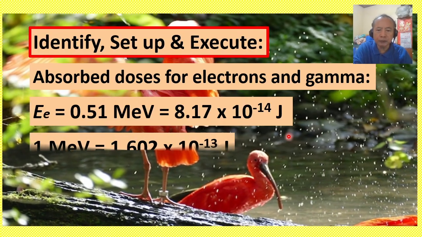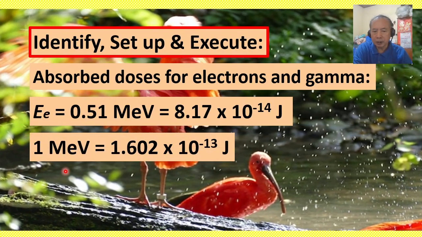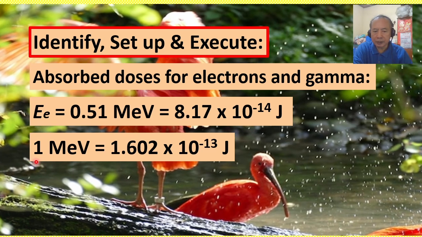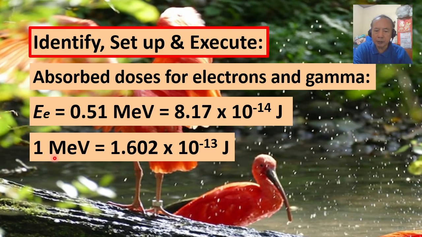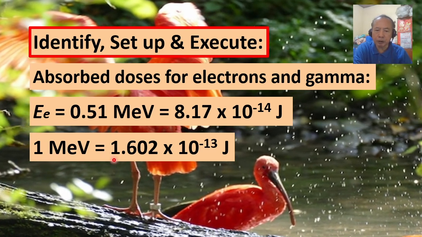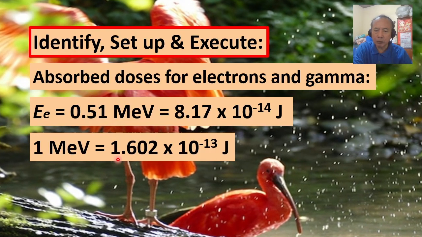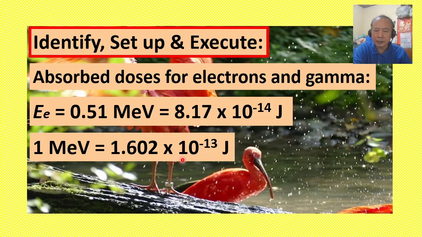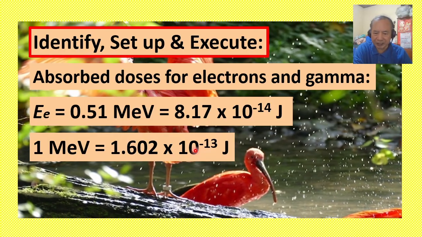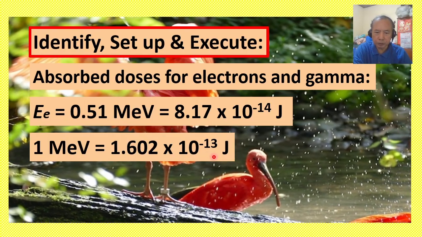We use the conversion factor that in 1 million electron volts there is 1.602 times 10 raised to the negative 13 joules.